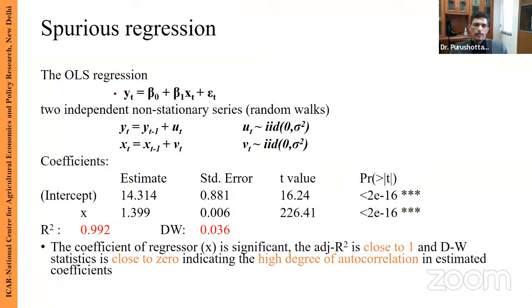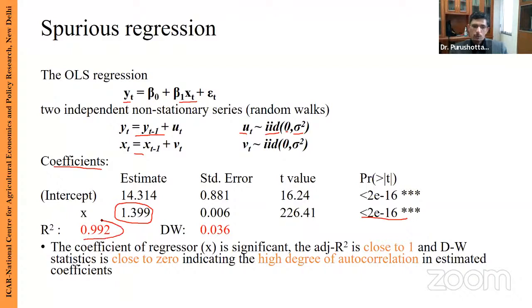Suppose we regress Yt on Xt, and both these two are independent and non-stationary series, and their error terms are independently and identically distributed with mean 0 and constant variance. So the coefficient which I worked out from a randomly generated series: the beta coefficient for X1 is 1.4, and it is highly significant.